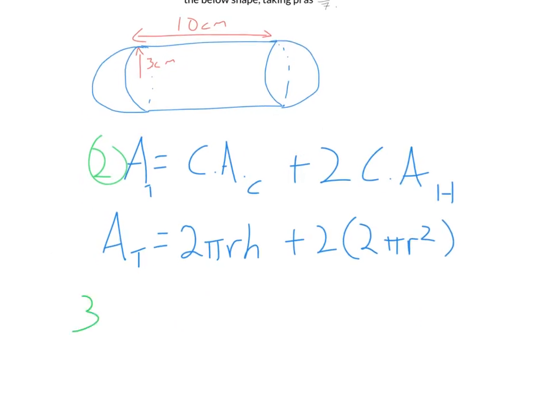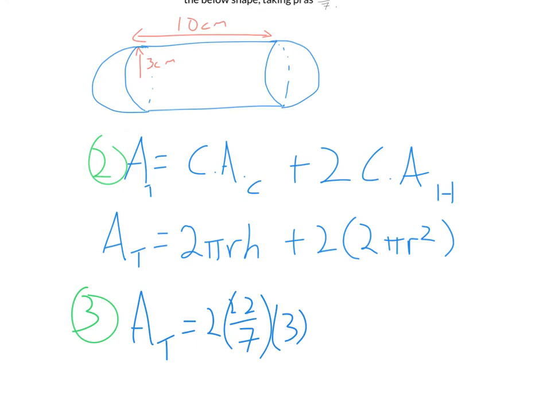We start filling in what we already know. So our total area is going to be equal to 2 times 22/7, because they asked us to use pi as 22/7, times the radius, 3, times the height, 10, plus 2 times 2 times 22/7 times 3 squared.